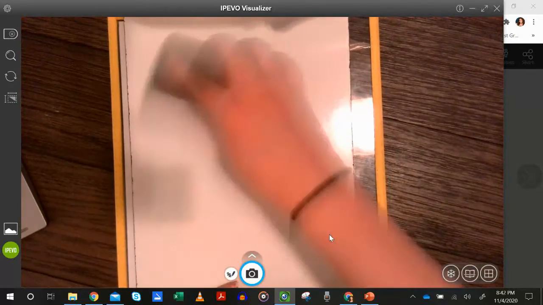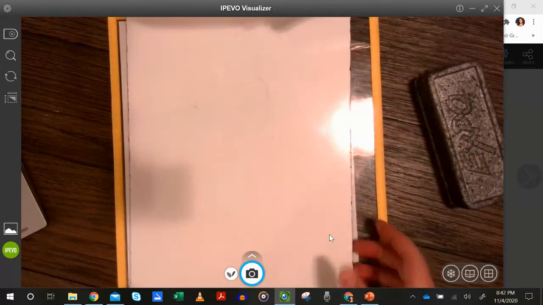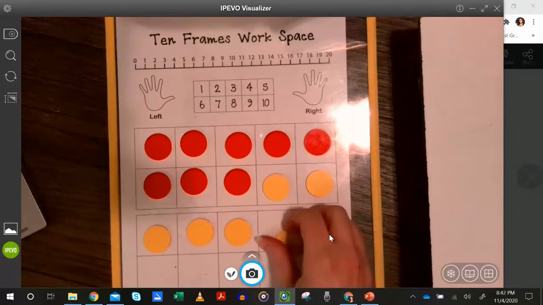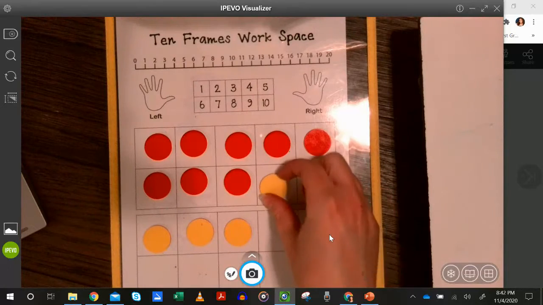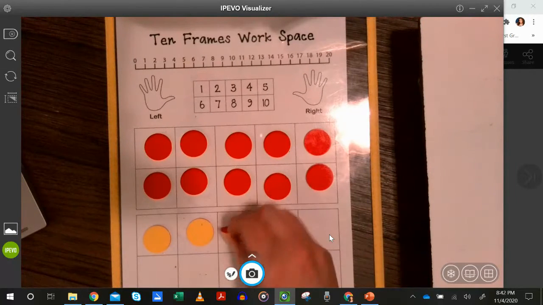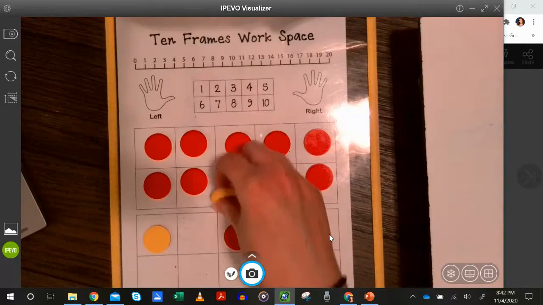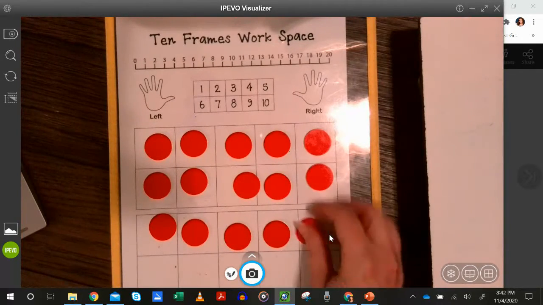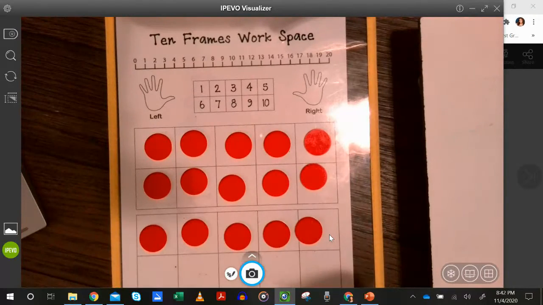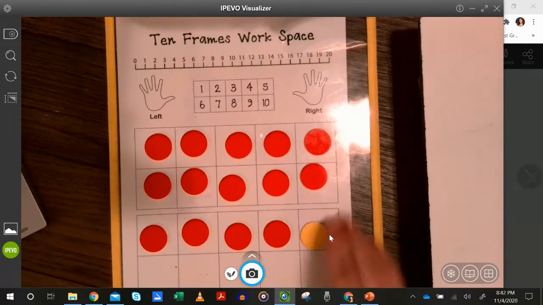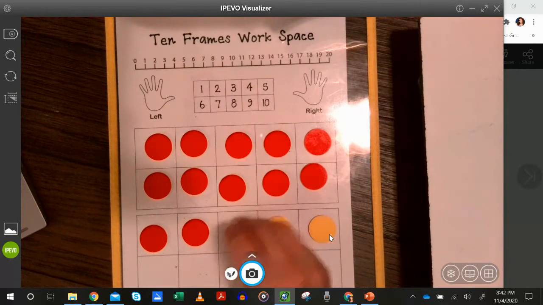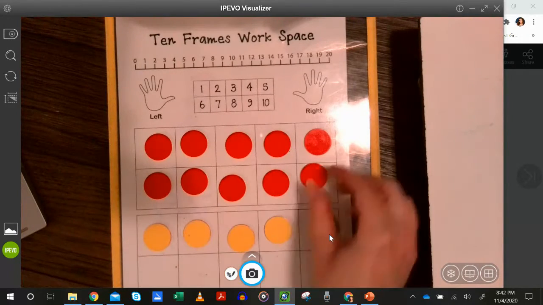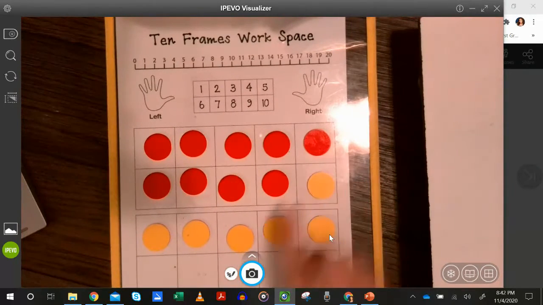Let's do another one here. Let's do 15 minus 6. There's 15, and we want to minus 6. 1, 2, 3, 4, 5, 6.